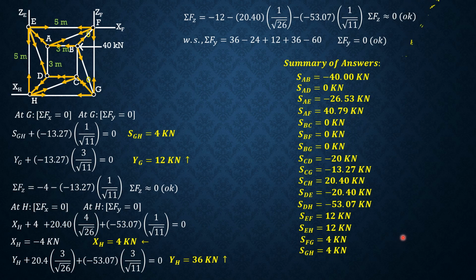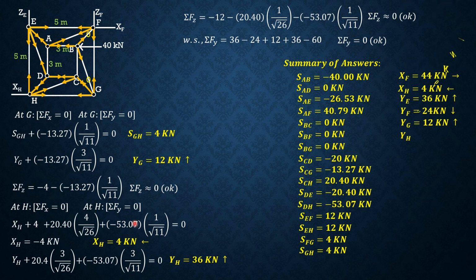Then for the reactions: XF 44 rightward, XH 4 kilonewtons leftward, YE 36 upward, YF 24 downward kilonewtons, YG 12 kilonewtons upward, and YH 36 kilonewtons upward.